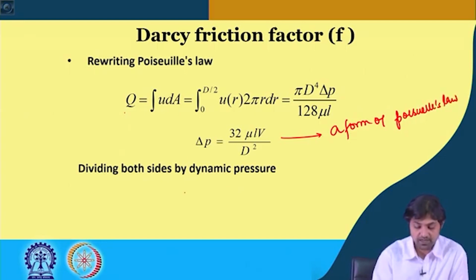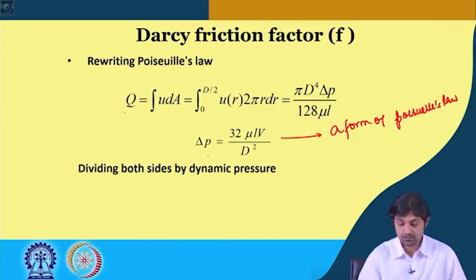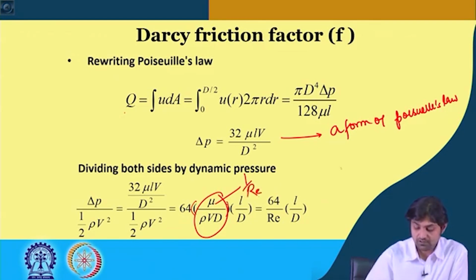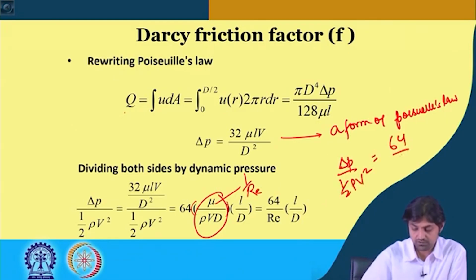If we divide both sides by the dynamic pressure, half rho V square, then delta p by half rho V square will be 32 mu L V by D square divided by half rho V square. So the half goes up and becomes 64, and we can take out mu by rho V D into L by D, where rho V D by mu is Re. So basically delta p by half rho V square is equal to 64 by Re into L by D.